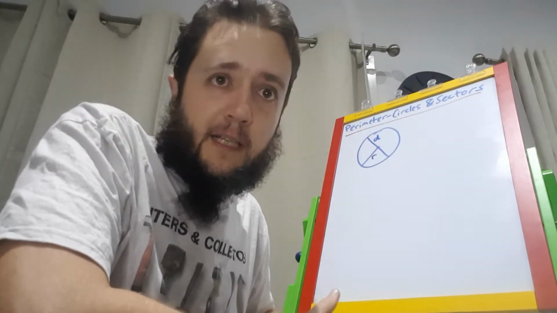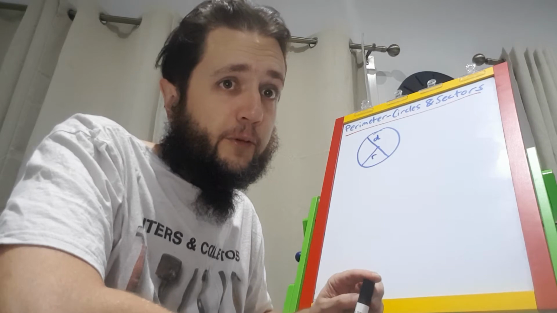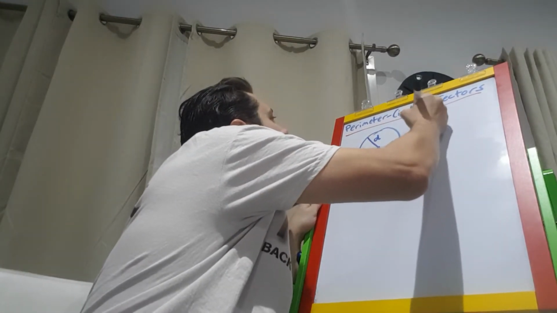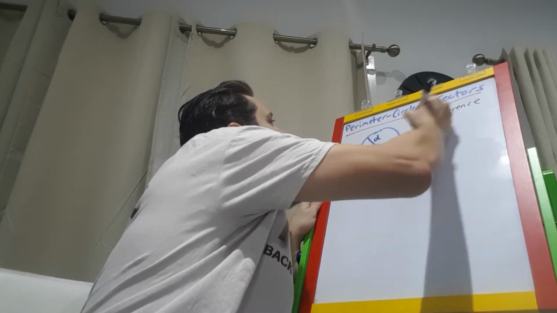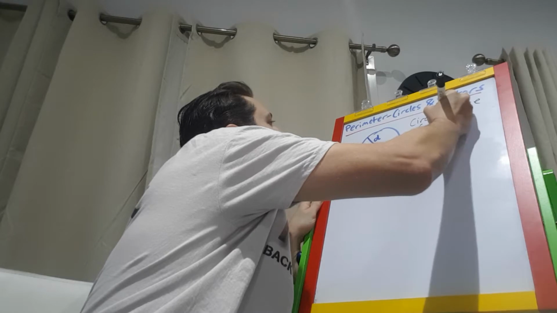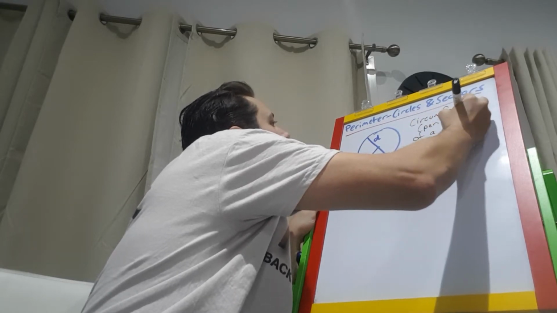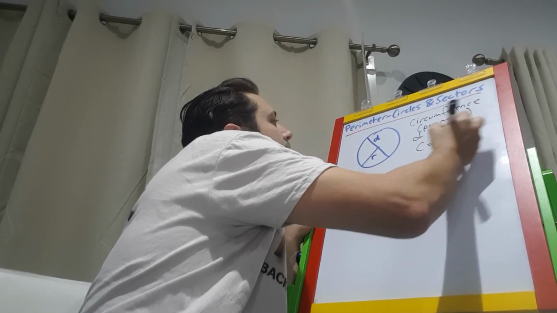All right, so who remembers the formula for the circumference, because that's the name for perimeter, of a circle? So circumference, which is perimeter, of a circle, C is 2 pi r.